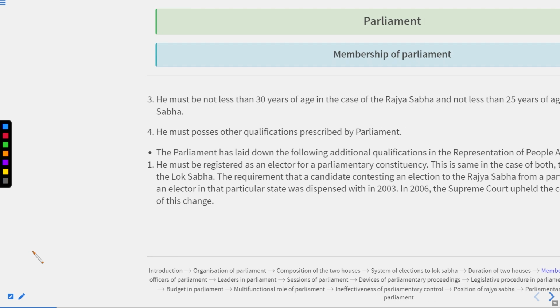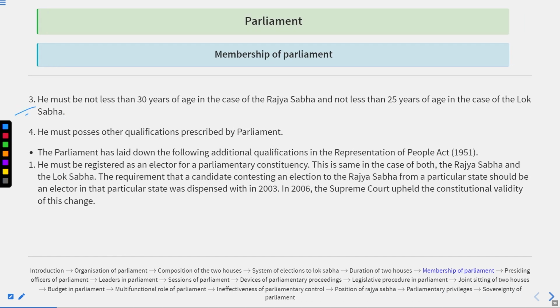The third condition is that he must be not less than 30 years of age in the case of the Rajya Sabha and 25 years of age in the case of Lok Sabha. So there is a minimum age criteria provided for the members of parliament.